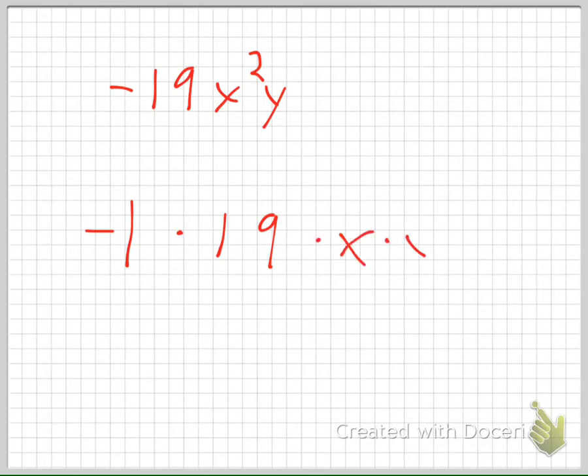What's going to happen, though, is what if I have negative 19x squared y? Now I have to go negative 1 times 19. You have to put the negative 1 out there because it's negative. Negative 1 times 19 times x times y. If it's negative, you got to put a negative 1 out there. You just have to.